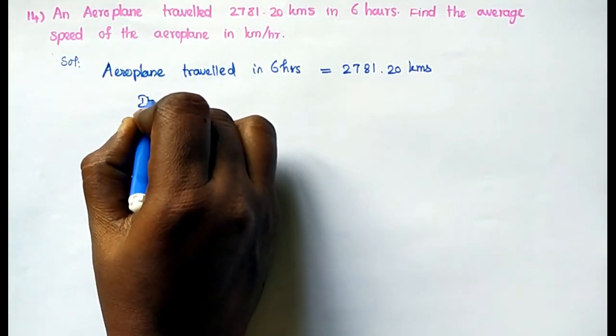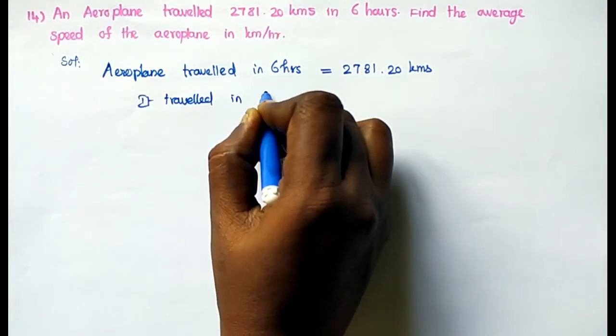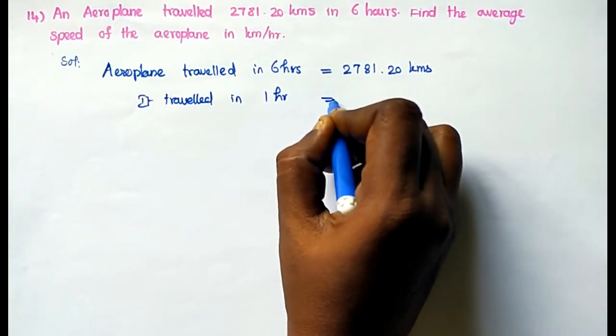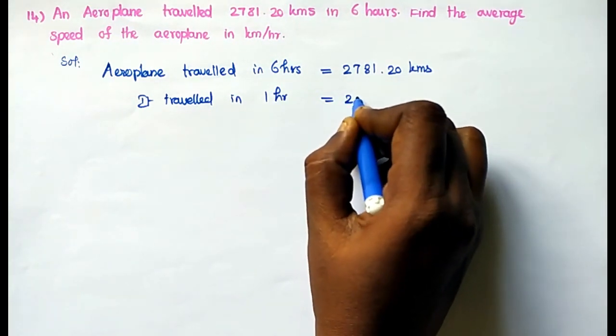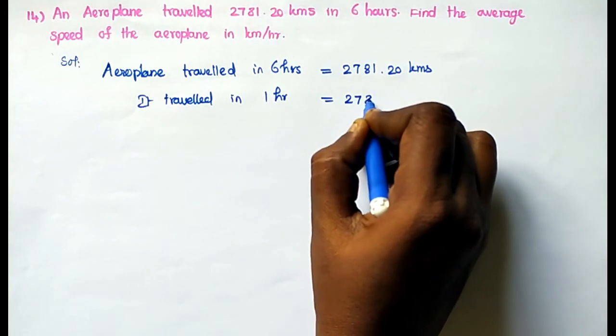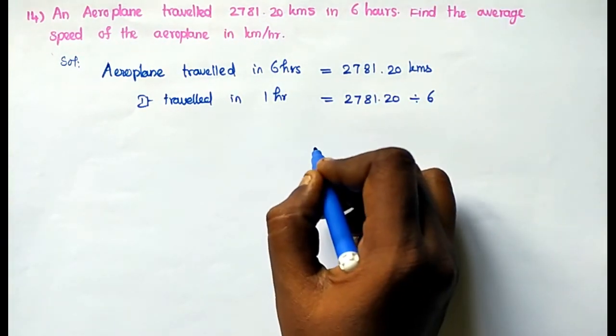So it travelled in 1 hour means 2781.20 divided by 6.